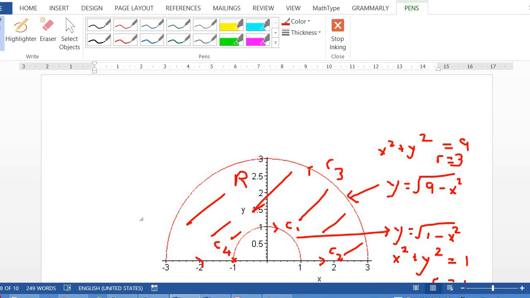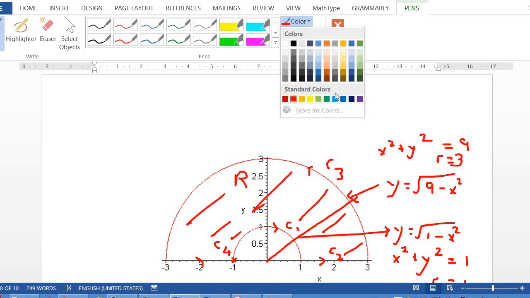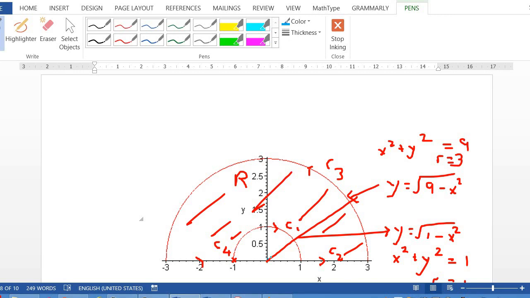So the r from the origin, now if I use other colors, the r actually touches your region at r equal to 1 until r equal to 3.